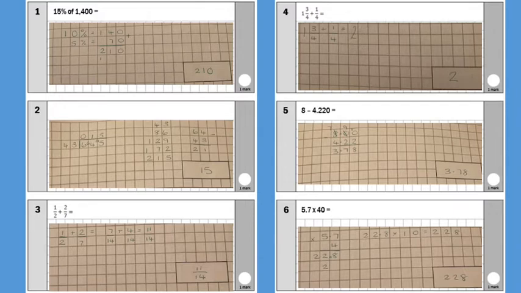Okay, moving on to the next one, I've got 5.7 multiplied by 40. For this one, I would just multiply 5.7 by 4, as you can see I've done down below, using the same method as before, just remembering to put my decimal point in. And then I would multiply my answer by 10, because my original question was multiplied by 40.